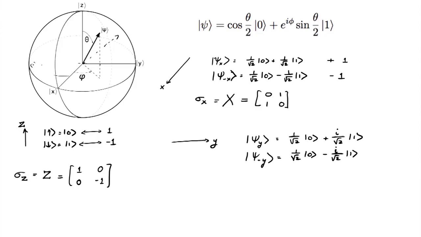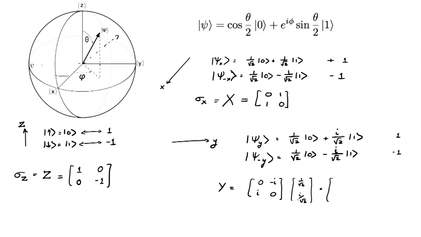Okay, so now we want to figure out what's an observable which has these as eigenvectors with eigenvalue +1 and -1. This is Y, which is 0, -i, i, 0, I believe. So let's see if this works out. If you apply this to the vector 1 over square root 2, i over square root 2, what do you get?